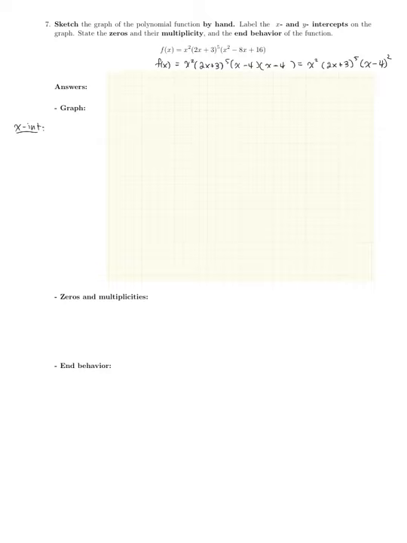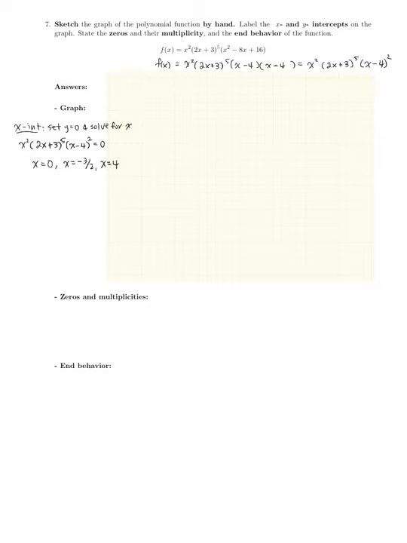Okay, so let's go back to the x-intercept. To find the x-intercept, you set that whole entire function equals to 0 and solve for x, which is also the 0 of the polynomial. So I'm going to write it as set y equals to 0 and solve for x. So we have x squared (2x plus 3) to the 5th, (x minus 4) squared equals to 0, so that means x is 0 and x is negative 3 over 2 and then x is 4.